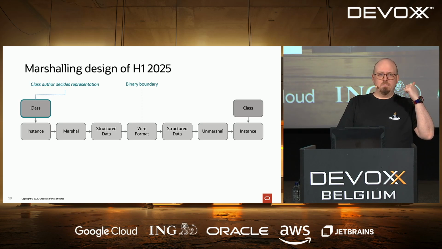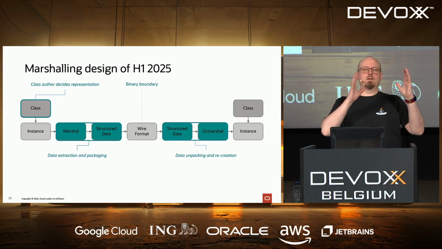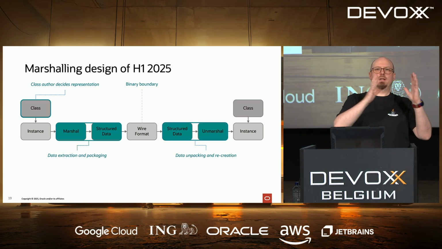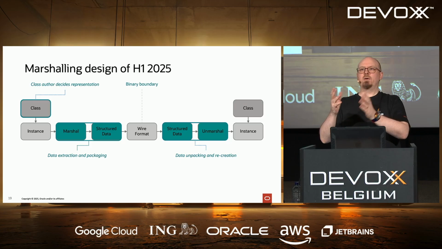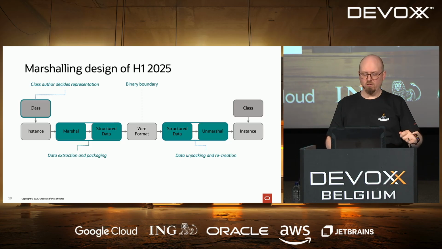So with marshalling, the class author should be in charge of what the representation of the class, or instances of that class, should be. And marshalling is responsible for extracting that representation and transforming it into structured data in this old model. And then we had a complete decoupling between the snapshot and whatever goes into the wire and out of the wire, and then you recreate it on the other side, so you have a nice sort of handoff point.